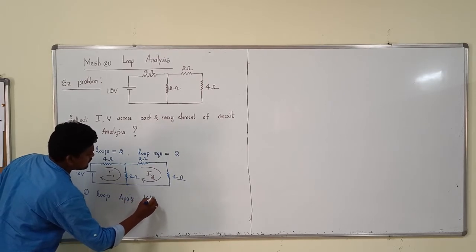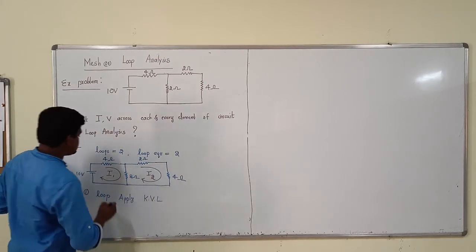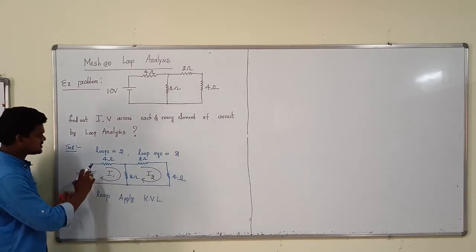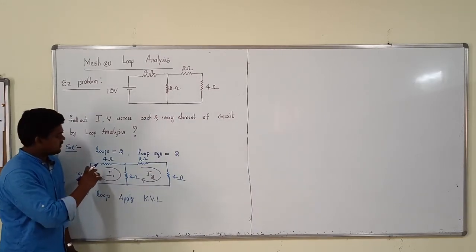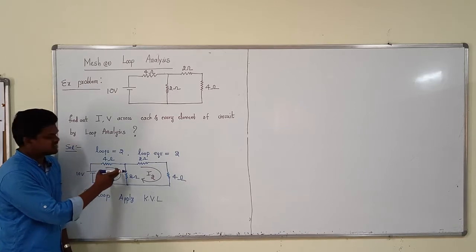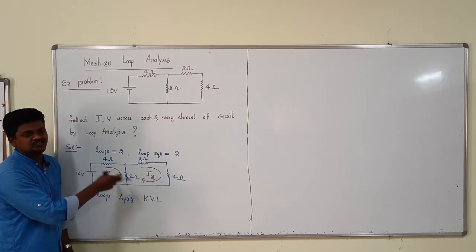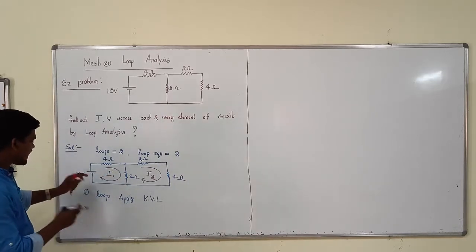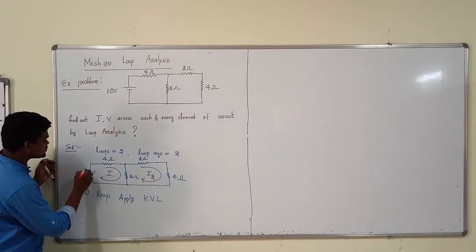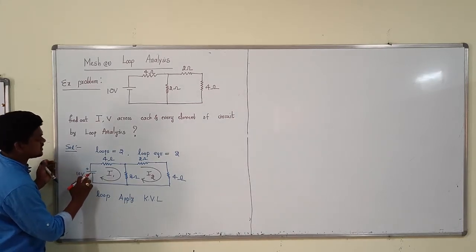Applying KVL means in a loop or in a mesh, the summation of voltages will be 0. This voltage is the source: plus here, minus here, starting is minus.